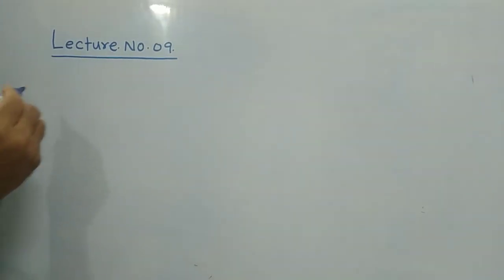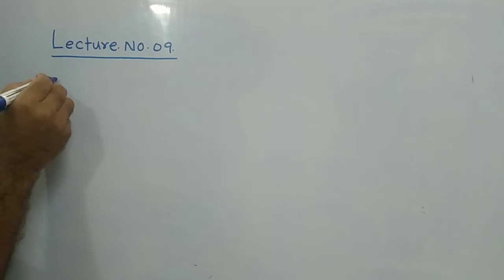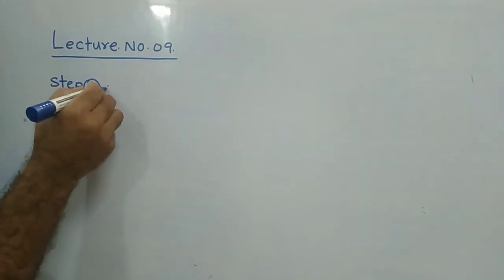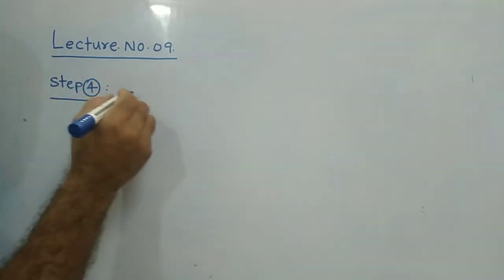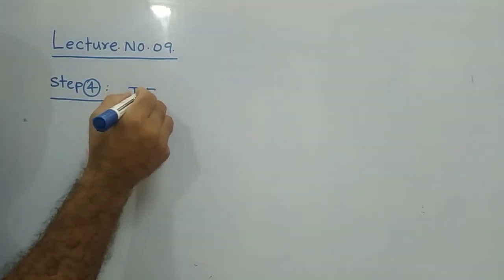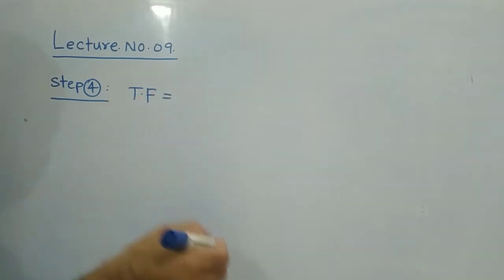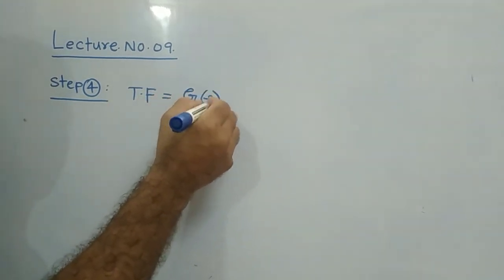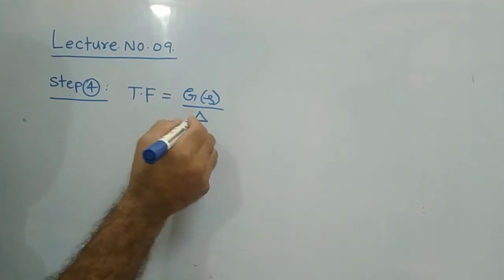So now we are finding the transfer function, and we are in step number 4. As per Mason's gain formula, T of S is equal to, what is your final step? It is G of S by delta, we have seen. What is delta?